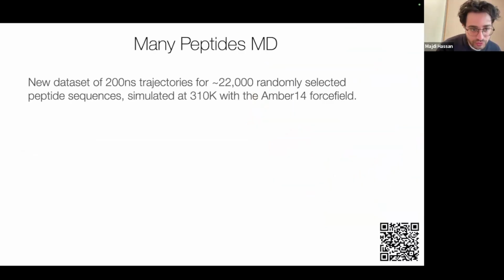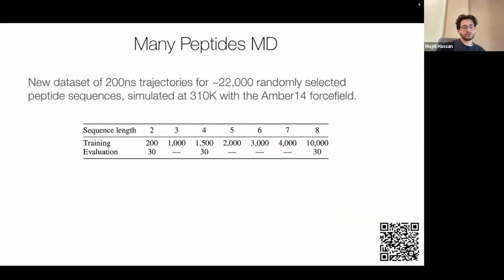So here's many peptides MD. It's a data set consisting of roughly 22,000 randomly generated peptide sequences that we simulated for 200 nanoseconds. And this is some statistics on the number of systems per sequence length.